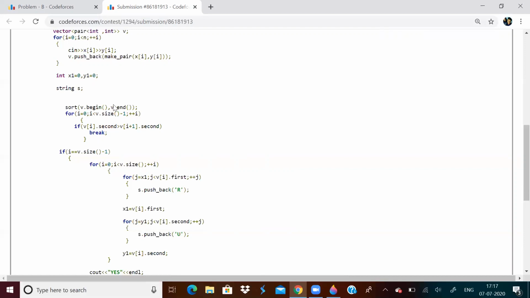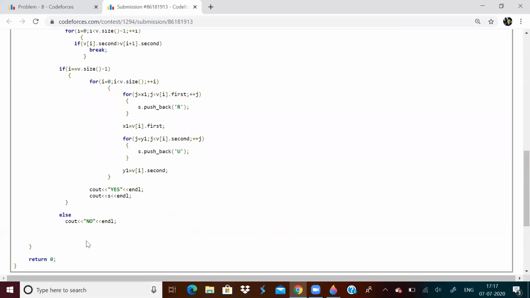So if the y coordinate of a point is greater than the y coordinate of the next point, then there is no path, you have to print no.